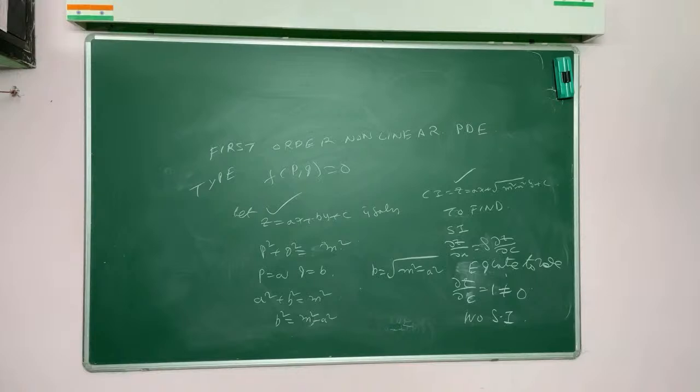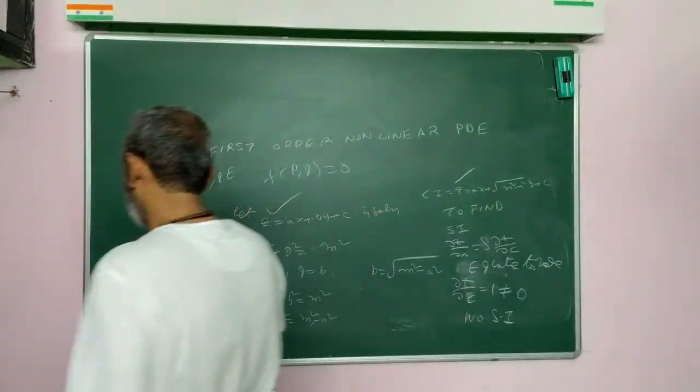Then to find the singular integral, dou Z by dou A and dou Z by dou C equal to 0. But dou Z by dou C is equal to 1, which is not equal to 0. There is no singular integral. So type 1 always has no singular integral. Clear up to here.